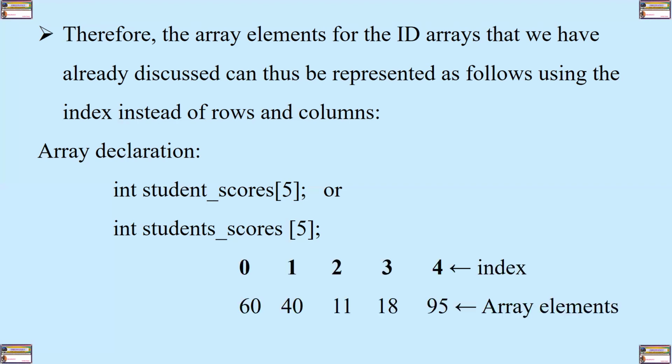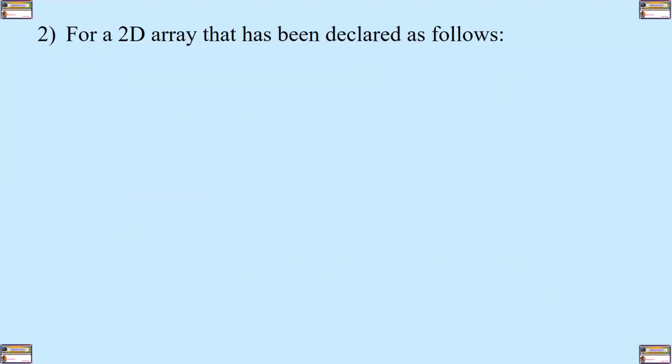So if these are our elements, regardless whether in a row or a column, 60, 40, 11, 18, 85, their index will be, as you can see, the first element will be 0, and the last one will be 4. We have a situation where elements are identified using only a single subscript. That is a one-dimensional array.